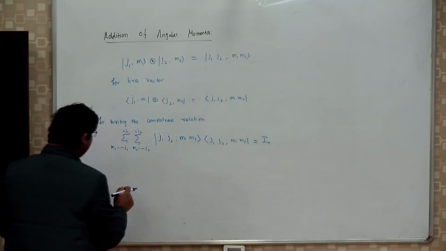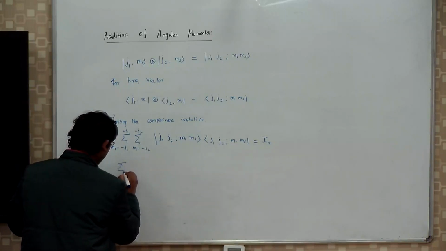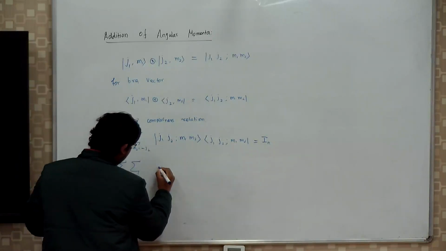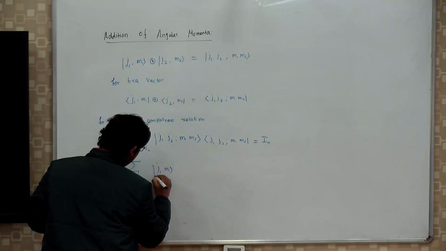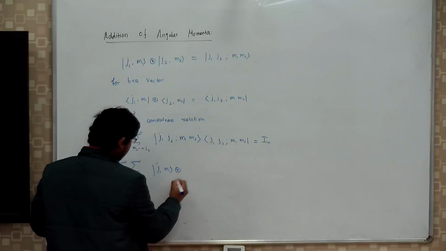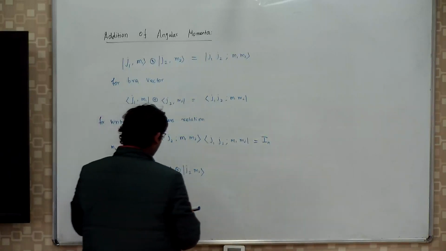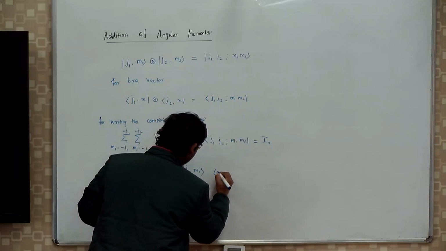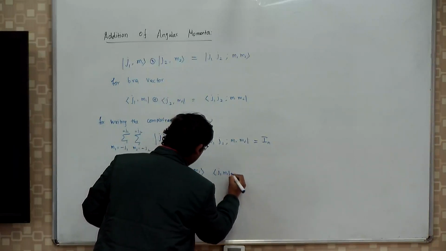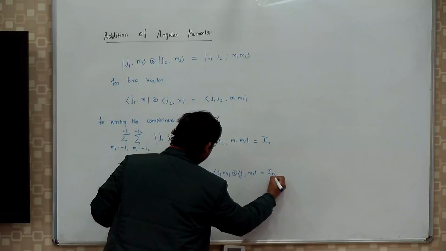Further, this equation can be written as a sum over |J1 M1⟩, which I am writing with the tensor product, |J2 M2⟩, as a ket vector and bra vector, and this is nothing but IN.